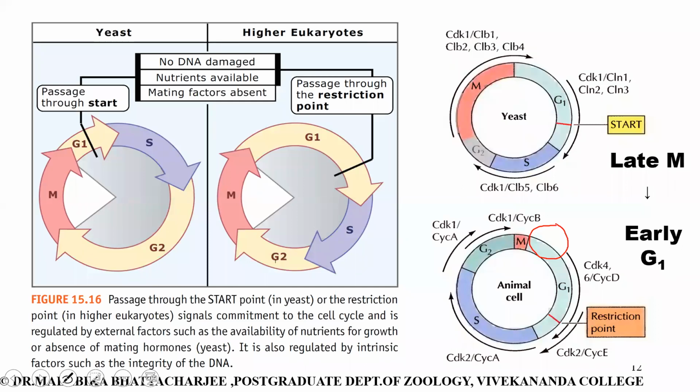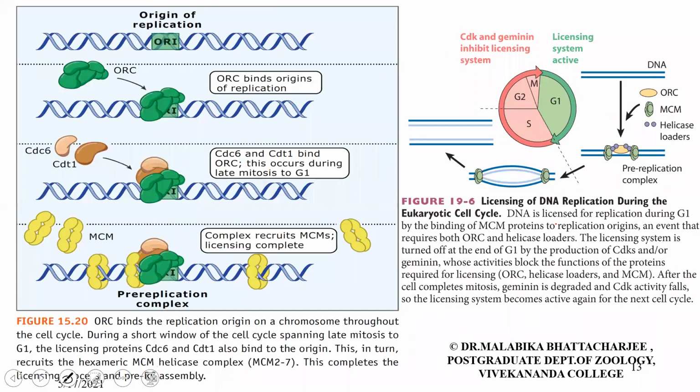So this is a small window during late M and early G1 where the function of cyclins and their corresponding enzymes, the cyclin dependent kinases, is very low. And in this window, something very, very important happens: it is in this window that the DNA is prepared for replication.